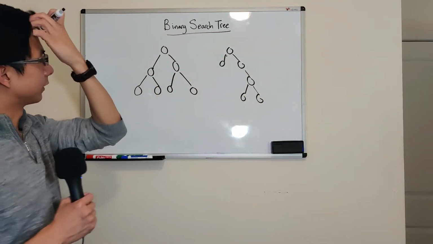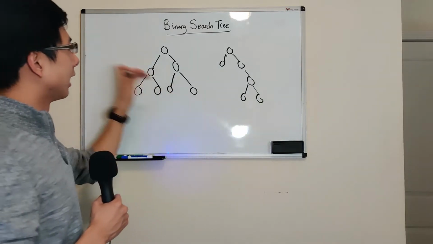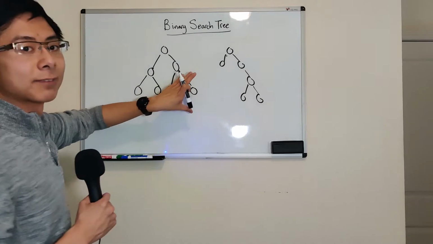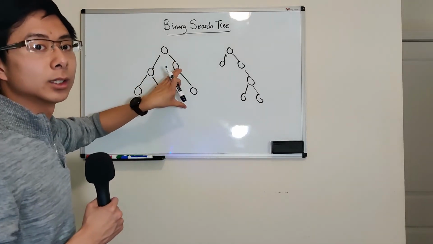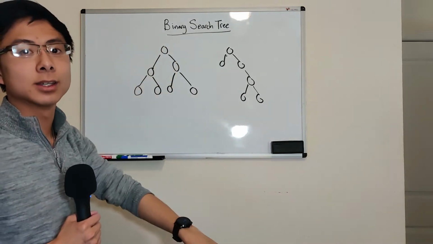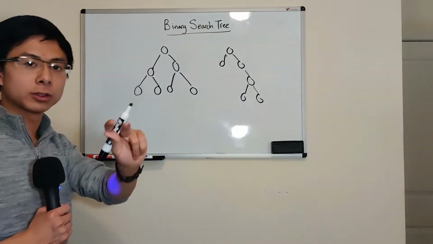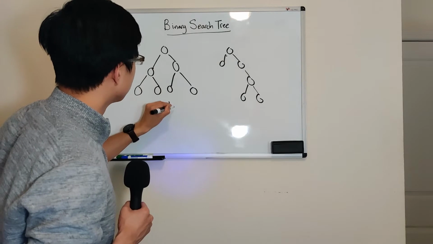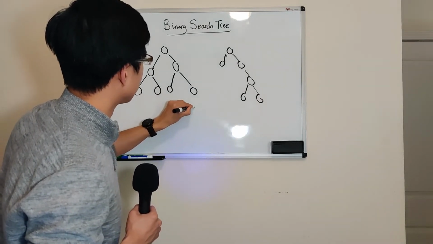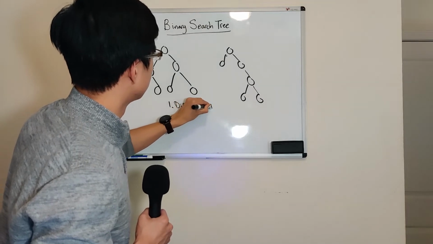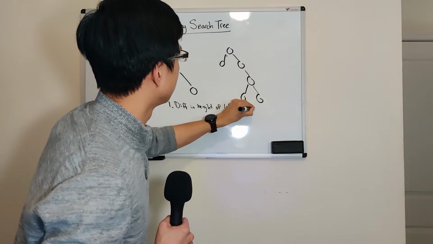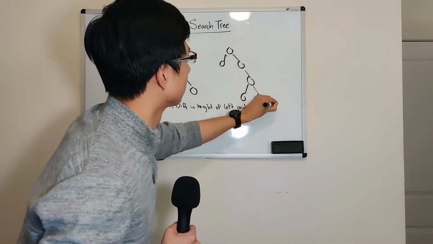Now, formally, the definition of balance means that as long as the left subtree and the right subtree have a height difference of at most 1, and the left subtree and the right subtree both are considered balanced, then the tree is considered balanced. Now notice there are two conditions. Number one, the difference in height of left and right has to be less than or equal to 1.